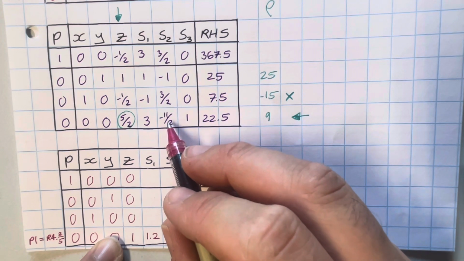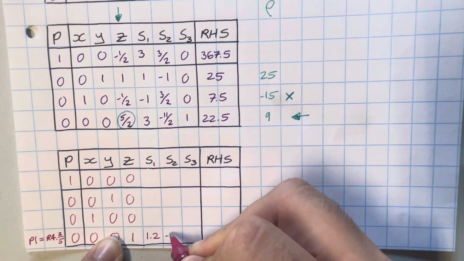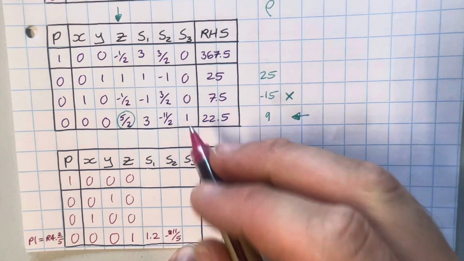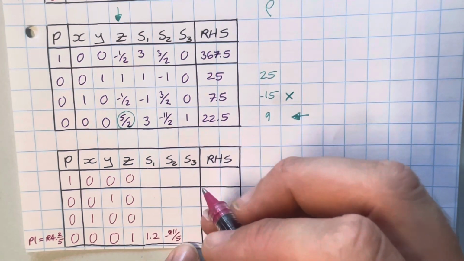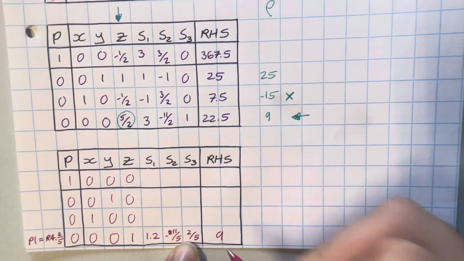Minus 11/2 times 2/5 is minus 11/5. Better keep things as fractions. 1 divided by 5/2, or 2/5, is 2/5. And then that's the value of the ratio test from before.